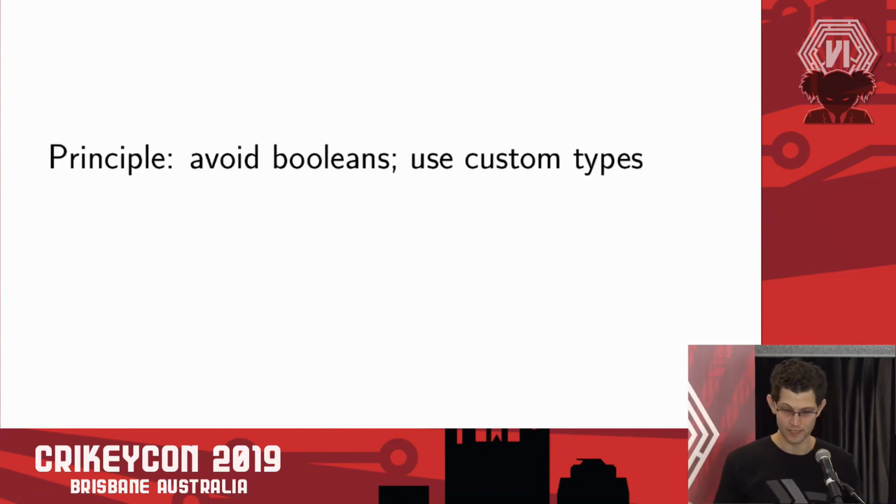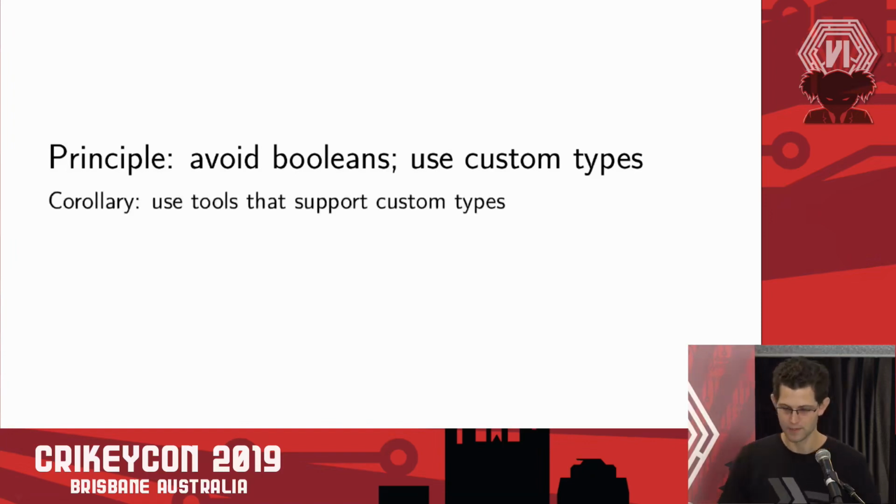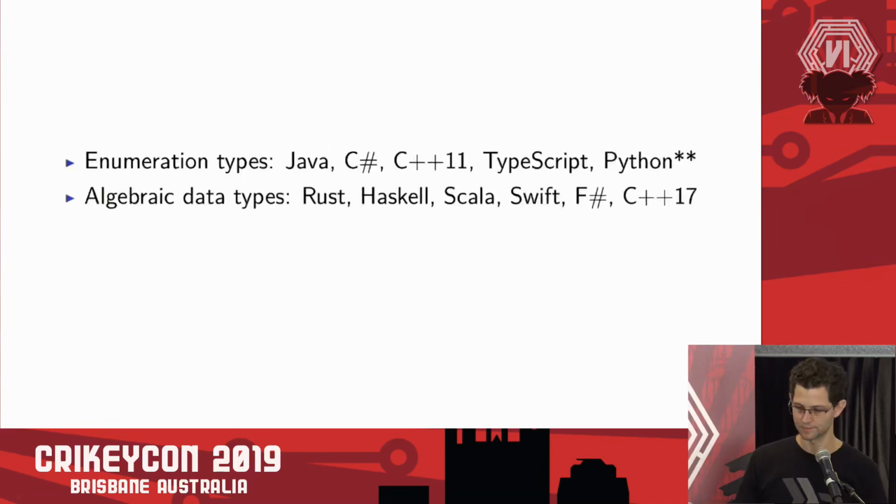So the principle here is basically avoid Booleans. Use Booleans as little as possible, and instead use custom types to express different cases of the operation of your program. The corollary is that you need to use tools, programming languages that support lightweight, easy creation of custom types. You can use enumeration types in these languages, Java, C#, and so on.